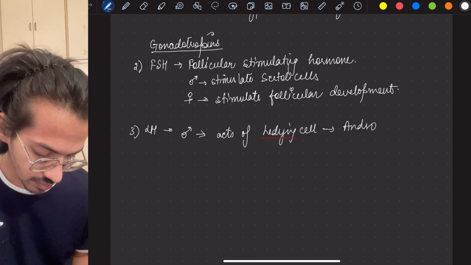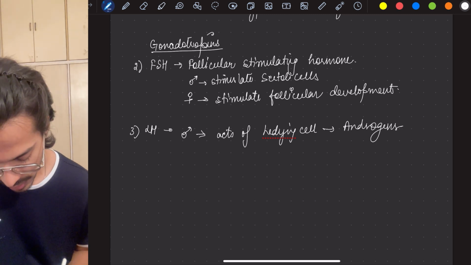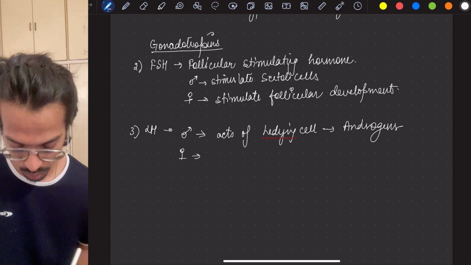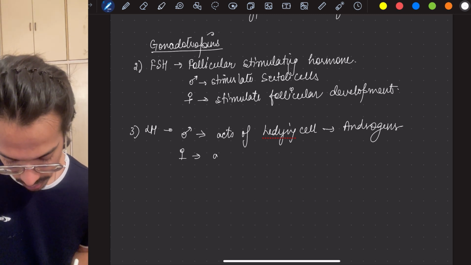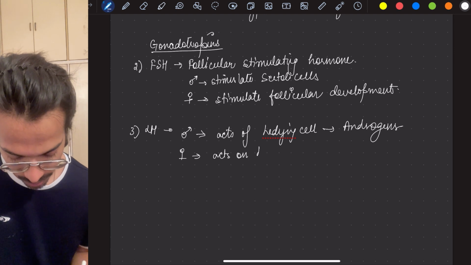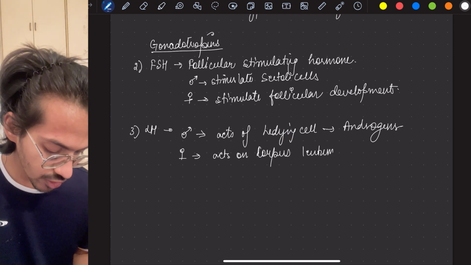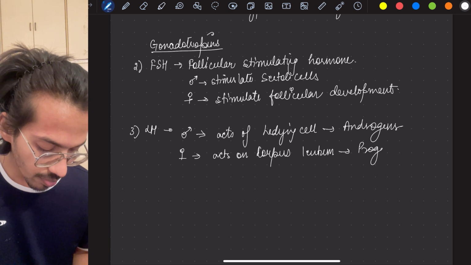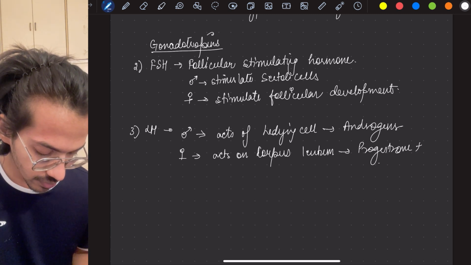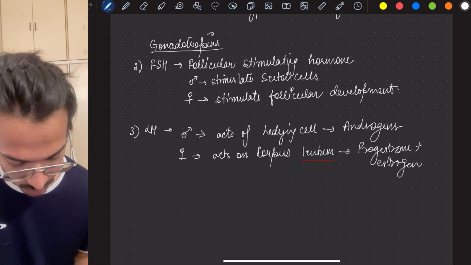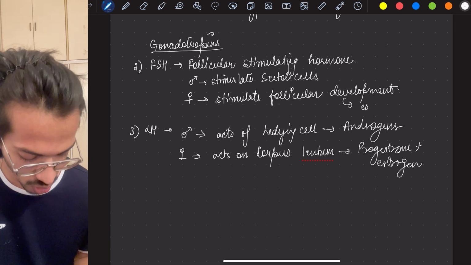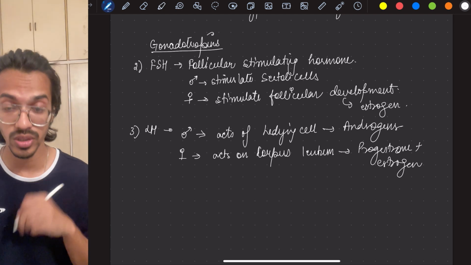Androgens. And in females, this luteinizing hormone acts on the corpus luteum and helps in the secretion of progesterone plus estrogen. Of course, the follicle will also secrete estrogen, not progesterone. Just remember this fact also.